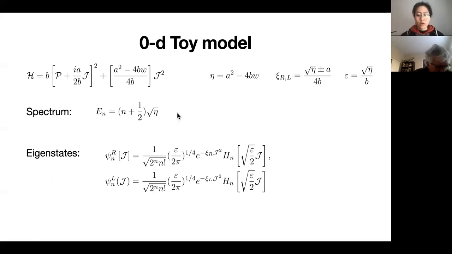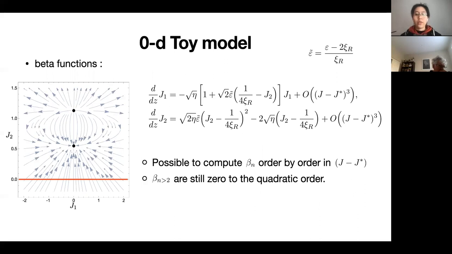And then by using this spectrum and eigenstates, we are able to get the IR fate of the RG flow. Finally, we can have the beta functions around the IR fixed point. So even though the IR fixed point can be very far away from this subspace, we can still get the RG flow around this IR fixed point in the entire coupling space.